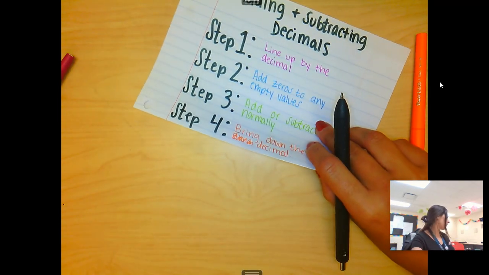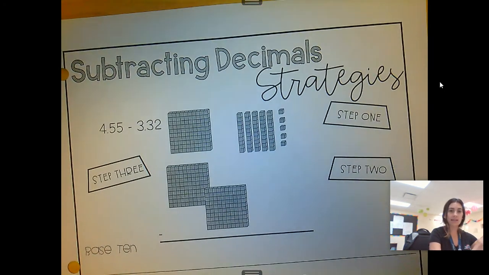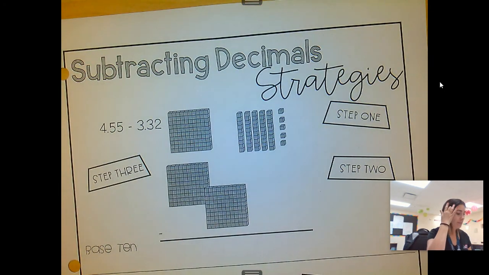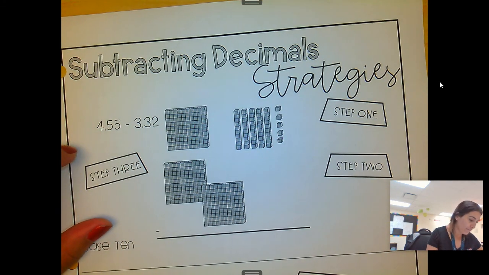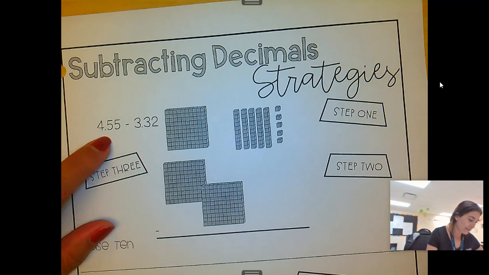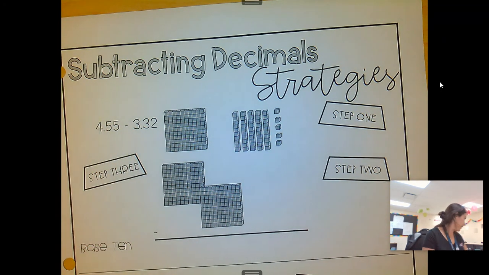All right, we're going to do subtracting now. So we're going to start off with the models like we did last time. But subtracting is a little bit different. So we're going to go ahead and put 4 and 55 hundredths minus 3 and 32 hundredths.